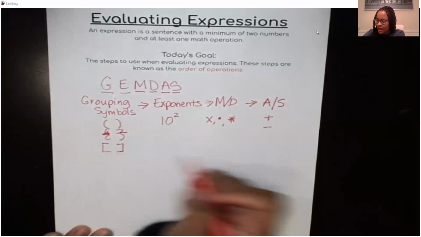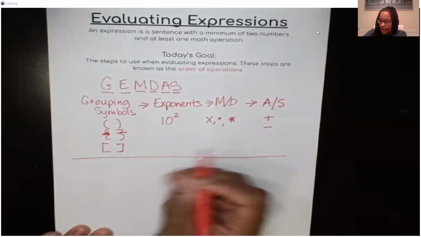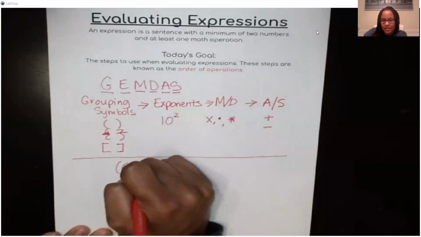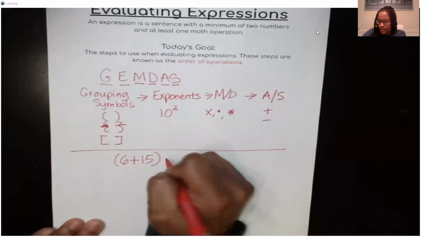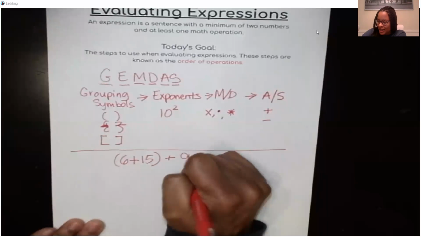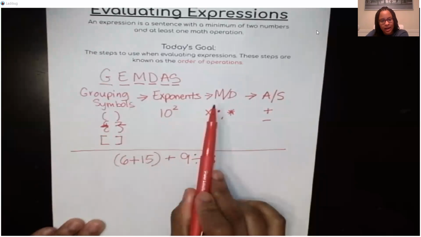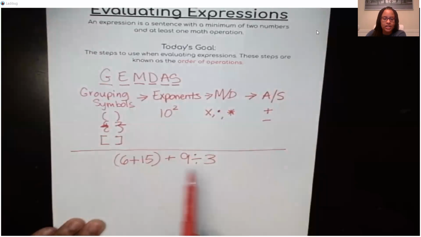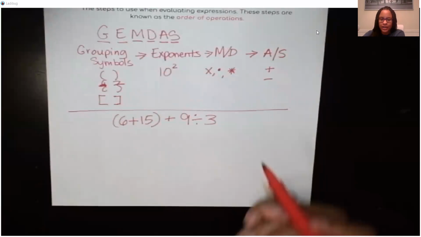So if I were to have 6 plus 15, okay, plus 9 divided by 3, I'm going to use the GEMDAS acronym to figure out what to do first. Which order should I do first?